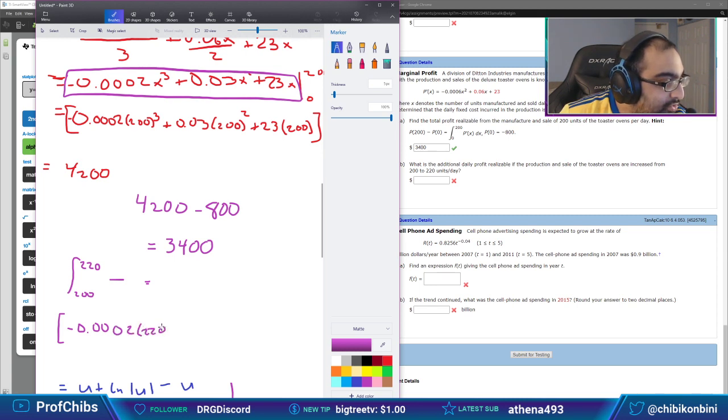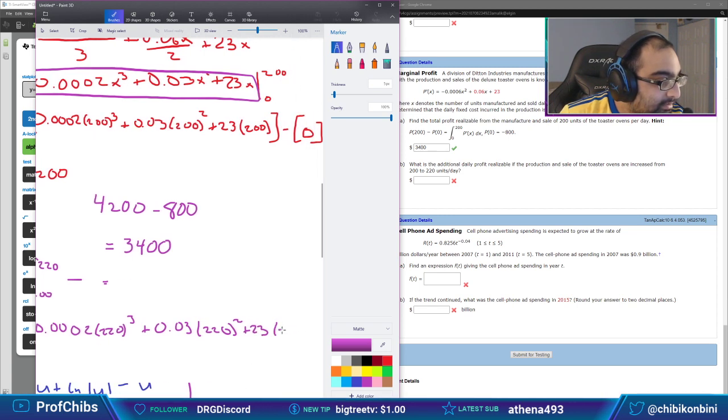So start at 220 for the third, plus 0.03 x squared, so that's 220 squared, plus 23 times 220. And then we're going to subtract that from the 200.